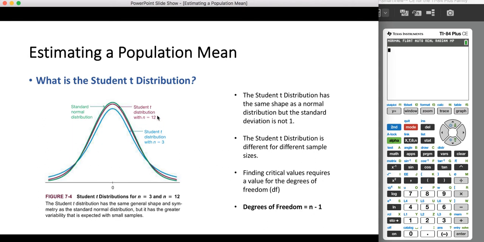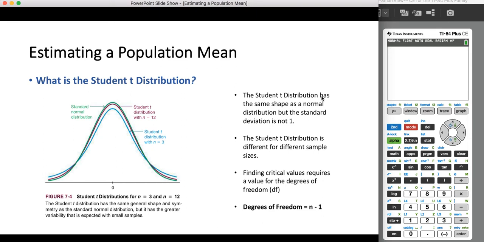One thing I want you to notice is the blue one is the student t-distribution when n is small, when n is equal to 3. And when n is equal to 12, it has a different shape. You notice that it definitely has that general normal curve shape, but it doesn't match up perfectly.